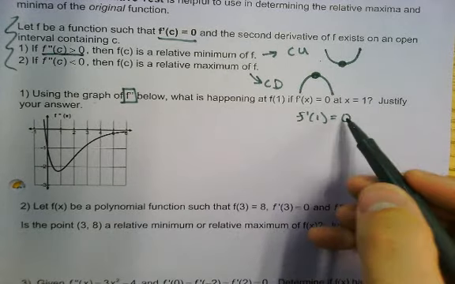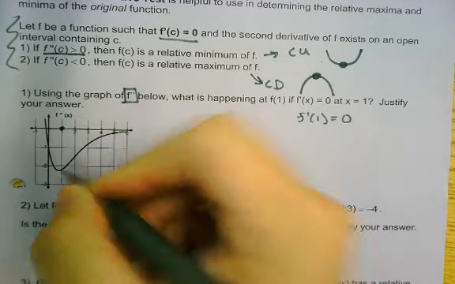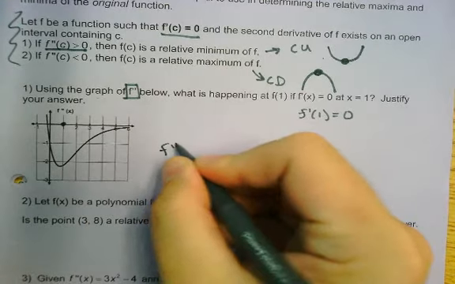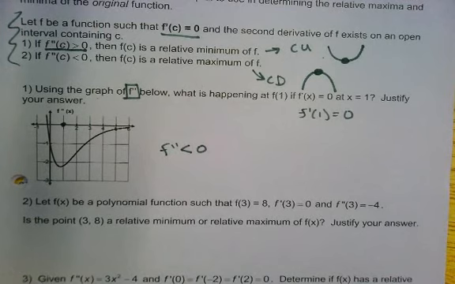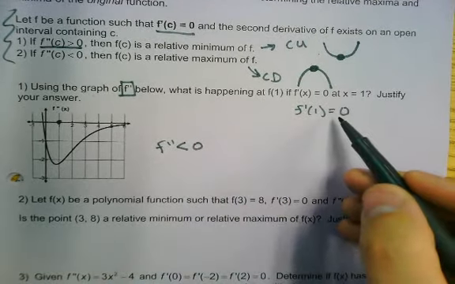So what's going on? We're given f double prime. So here's 1. Is this positive or negative? Negative. So f double prime is less than 0. That's concave what? Concave down.